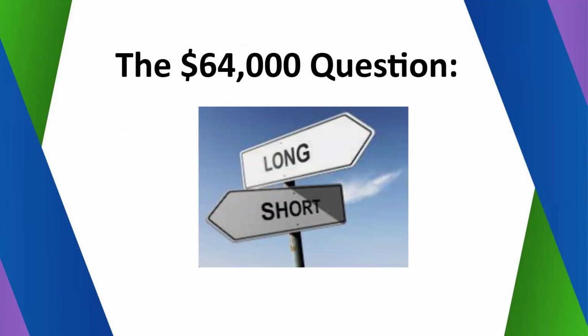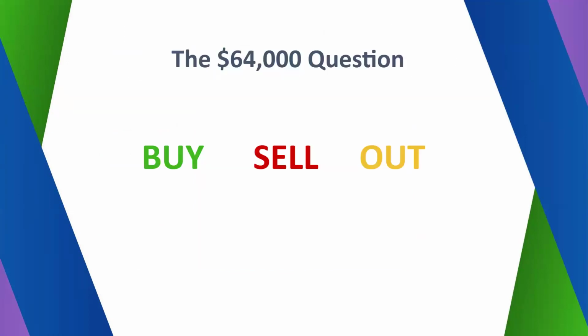Would knowing what direction you should be trading a financial instrument help you? Would it give you an immediate leg up on where you are now? If you don't know whether the market you're looking at is a buy candidate, a sell candidate, or maybe just be out, then you do not have an edge.